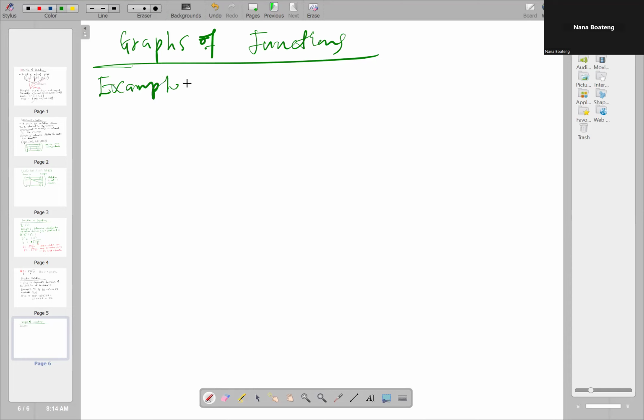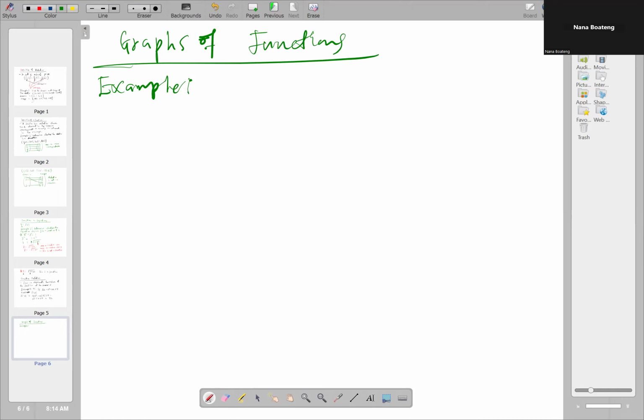We can graph a function by picking x values and evaluating to find the corresponding y values. Once we find the corresponding y values, we'll have a set of ordered points, and from these ordered points, we can plot them. So let's use this example.